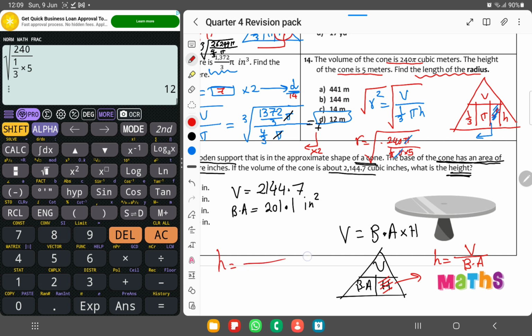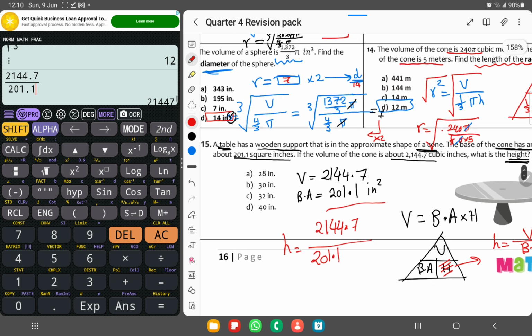So now the height is equal to, what is the volume? 2144.7 over 201.1. So fraction, 2144.7 divided by 201.1, which is 21447. So let's check again what we did.